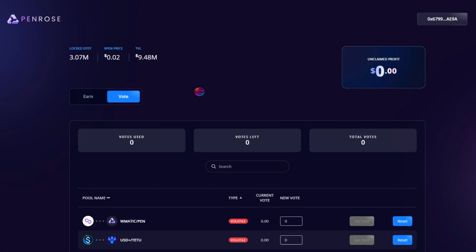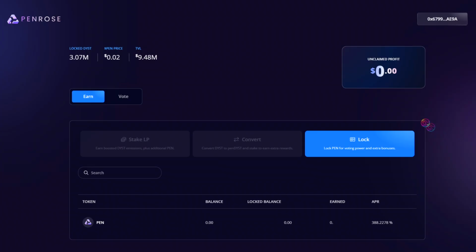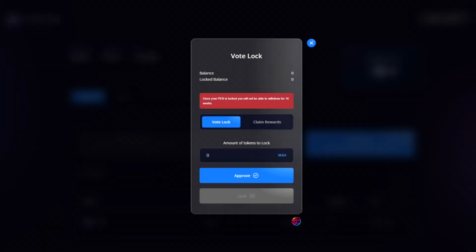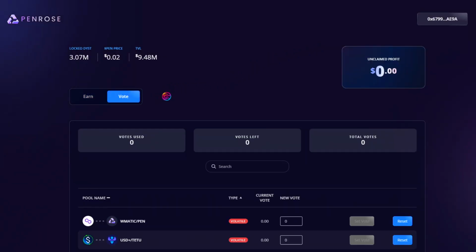Voting with vlPEN has a distinct advantage over voting with veDYST: time. In order to receive maximum voting power per DYST token, users must lock DYST on Dystopia for 4 years. In contrast, PEN is locked for only 16 weeks before it is automatically unlocked, meaning that with Penrose, you have the advantage of a more liquid voting instrument.